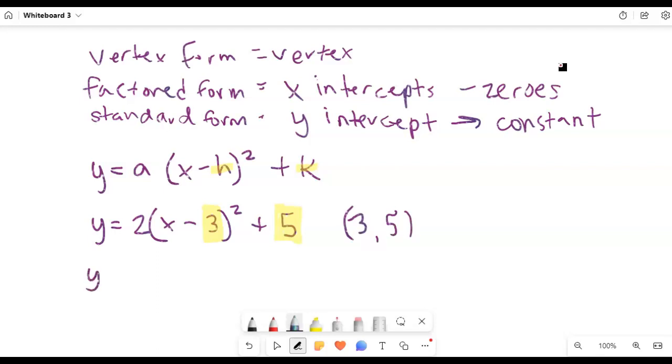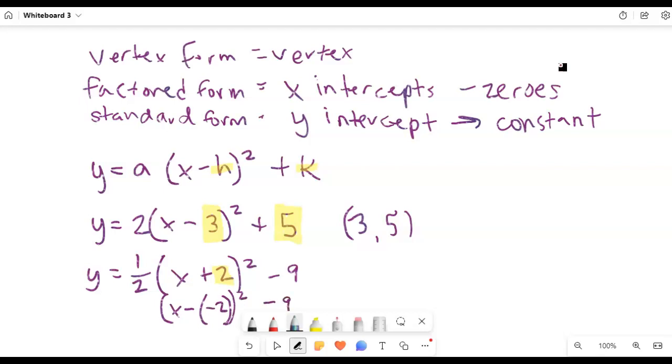If I were to have the equation y equals 1/2 times (x plus 2) squared minus 9, now what is replacing the h value is not just 2, but really this is x minus a negative 2. That's where we get that plus 2 from.